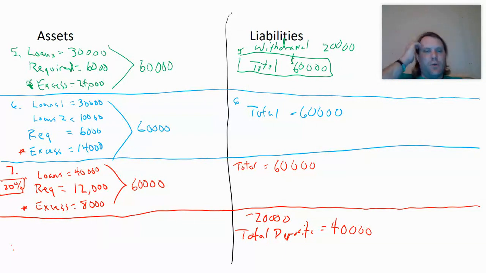All right. So all of our stuff here is going to have to eventually equal 40,000. We'll just write that in there ahead of time. Our loans are going to stay the same. Got $40,000 in loans. Our required reserves is going to stay the same.